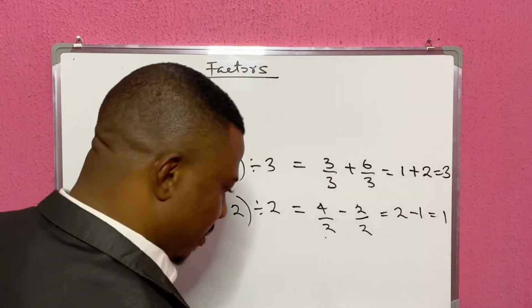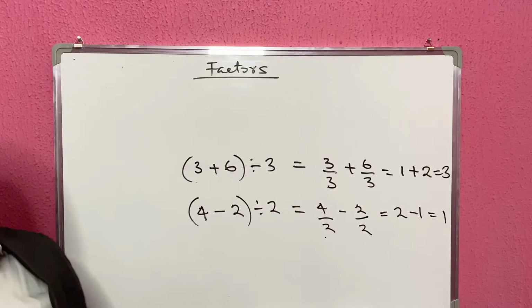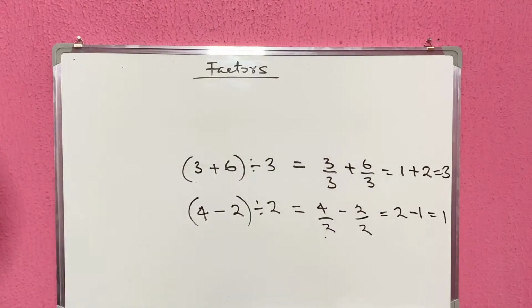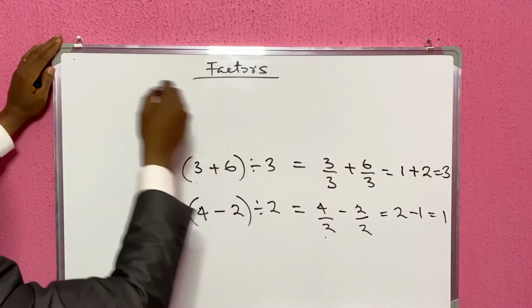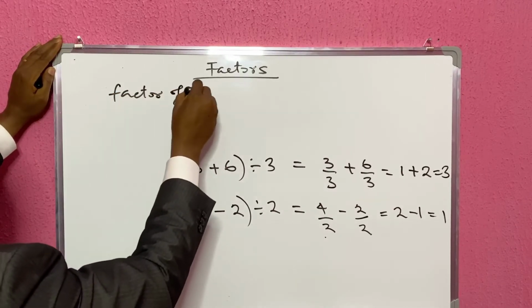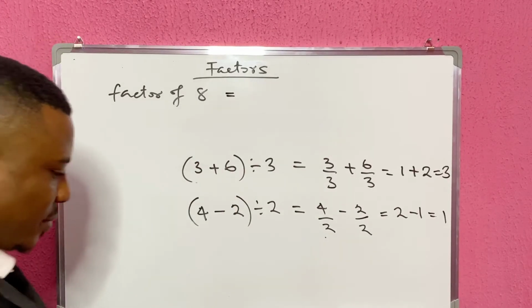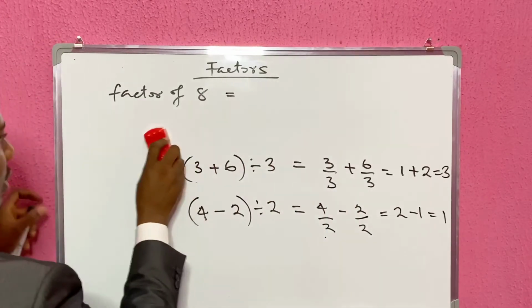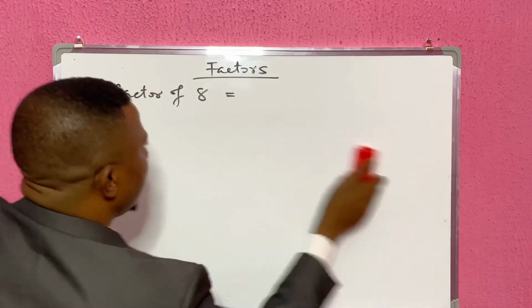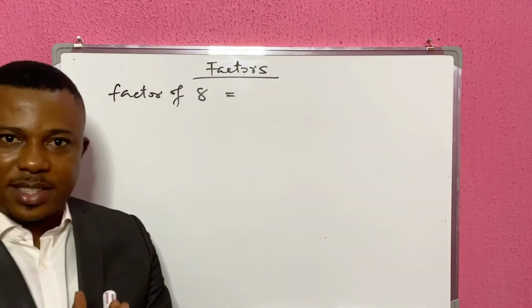Factors. Factors are any pair of whole numbers. We say that a factor of 8, for example, will give us two things you can multiply to give you 8.